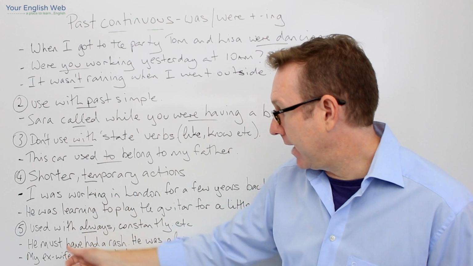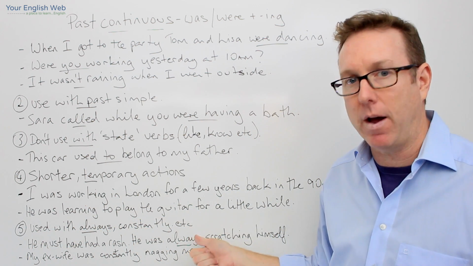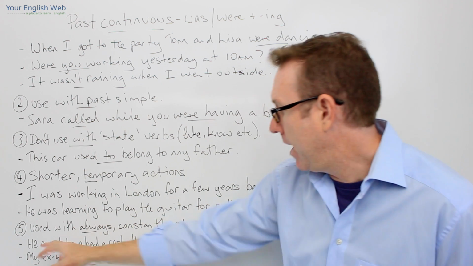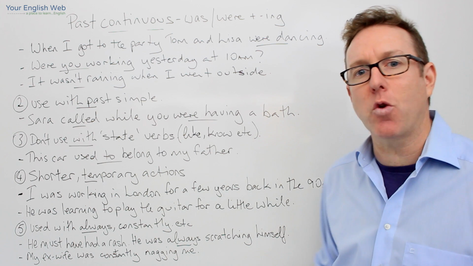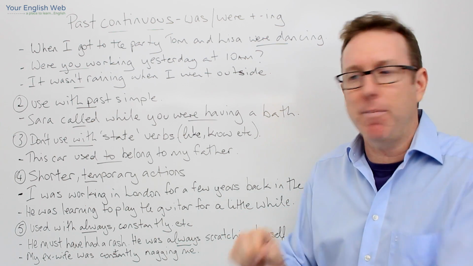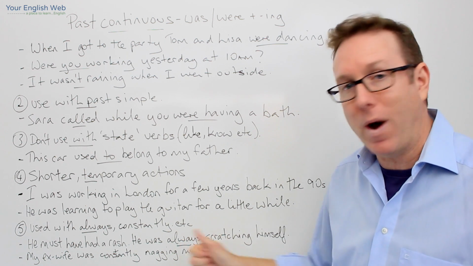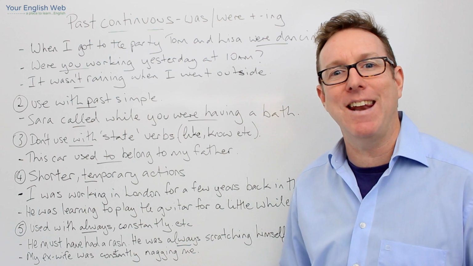Now, and finally, it's used with always, constantly, etc. Now, have a look at how we use it here. He must have had a rash because he was always scratching himself. He was always scratching. So he must have had a rash, all right? And my ex-wife was constantly nagging me.